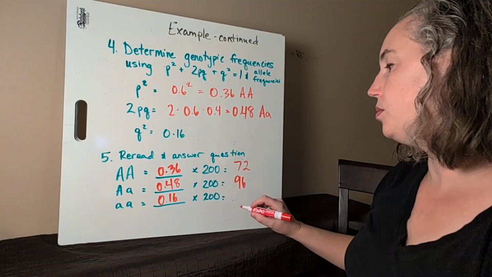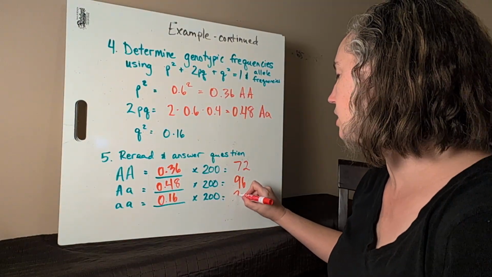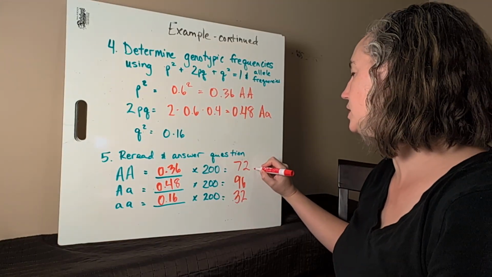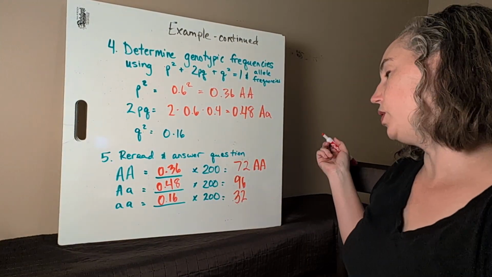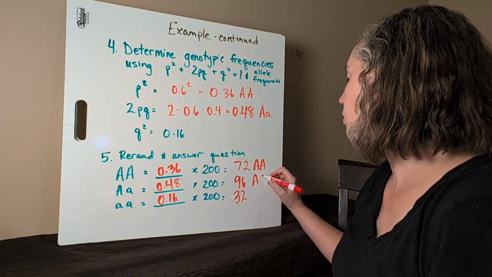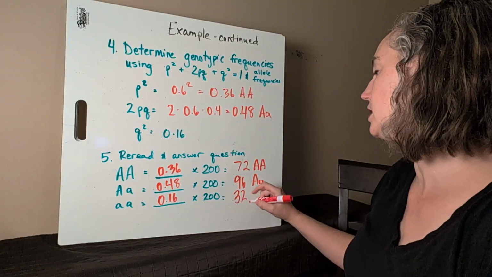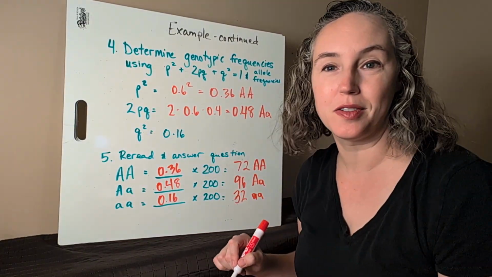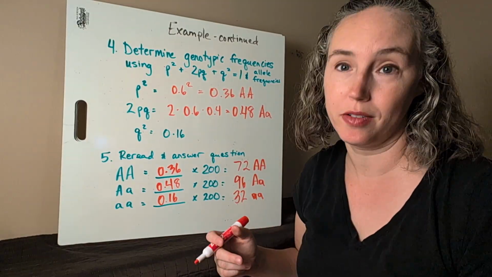Yep. And 0.16 times 200 is 32. So 72 individual salamanders we would expect to be homozygous dominant. 96 individuals would be heterozygous, and 32 individuals would have the homozygous recessive genotype and therefore phenotype.